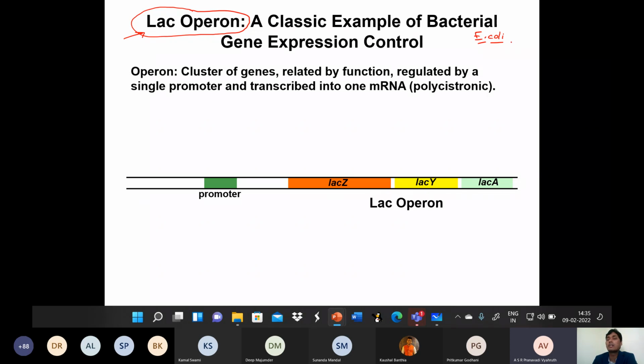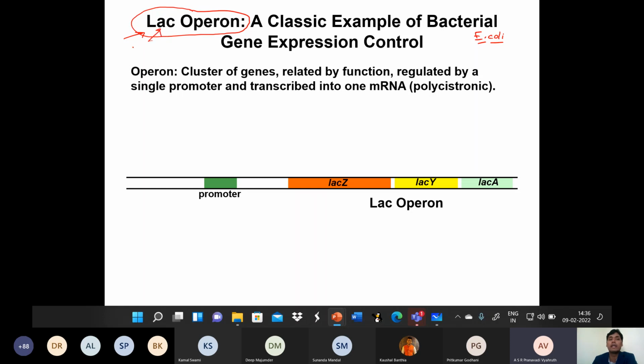And the genetic information of E. coli has been known for a long time. That helped scientists to manipulate E. coli as and when required. That's another advantage of using E. coli.